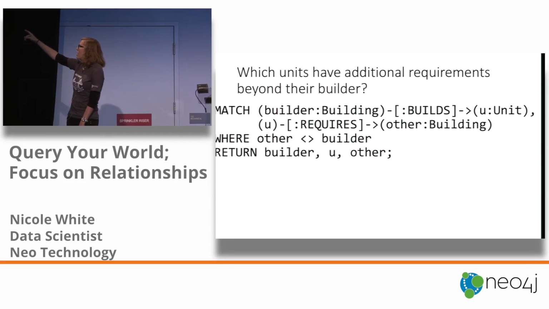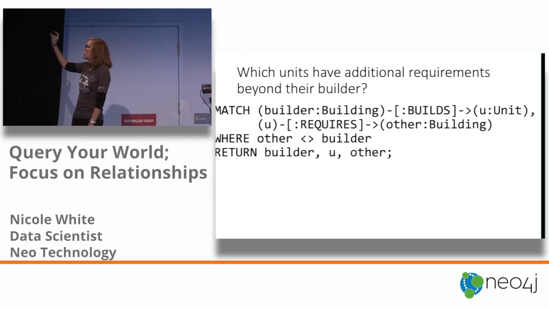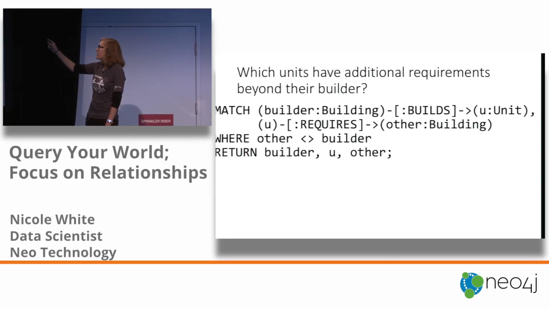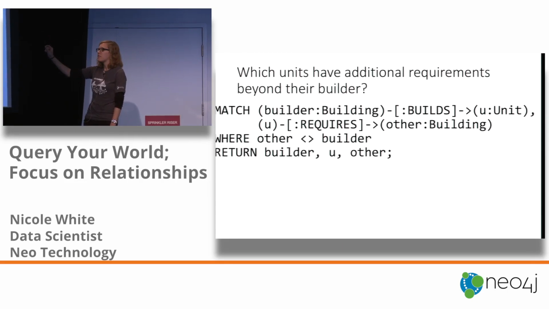Up in this first line of the match clause, we've bound that unit node to U. Then down here in the second line of this match clause, we're using that same identifier U, so this is referring to the same node as up here. It's just being extended down to the second line. So pretend this is just one big line, if you will. We're matching on the building that builds the unit and then getting the first most requirement of this unit, another building where that other building is not the same.